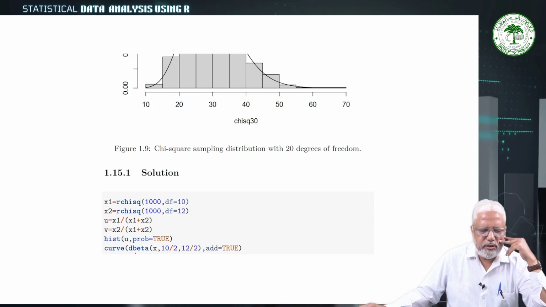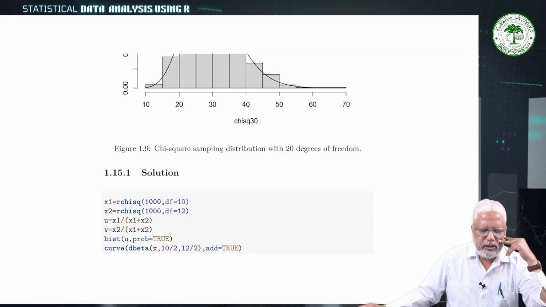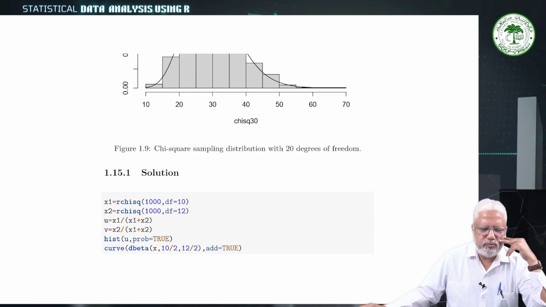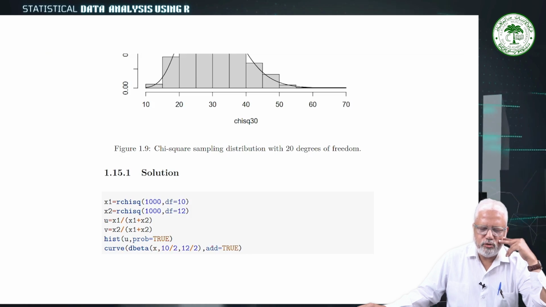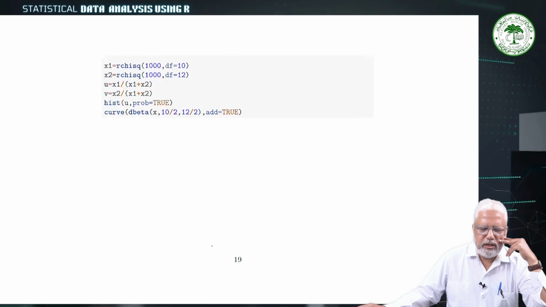So it should be curve d beta, because it is beta distribution, d beta x, 10 by 2, R1 by 2 and R2 by 2, add is equal to true. So this generates this graph.